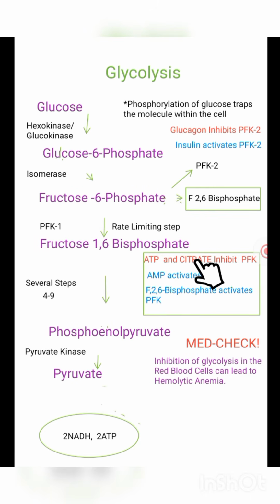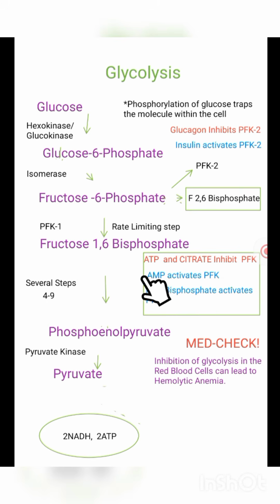And about citrate, we know that pyruvate can be decarboxylated to acetyl-CoA, which goes into the TCA cycle to produce citrate in the first step. So when we have an abundance of citrate, there's absolutely no need for us to continue with glycolysis because PFK will be inhibited. Now, AMP activates PFK1.